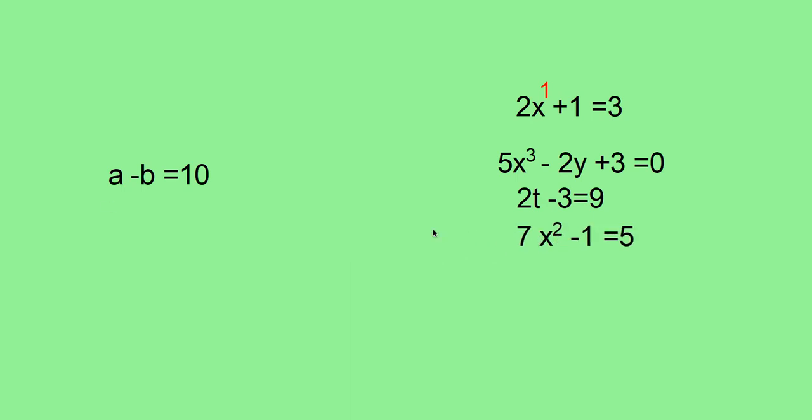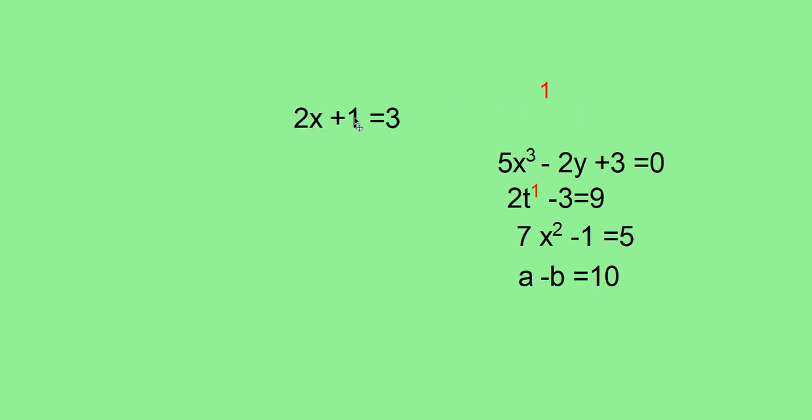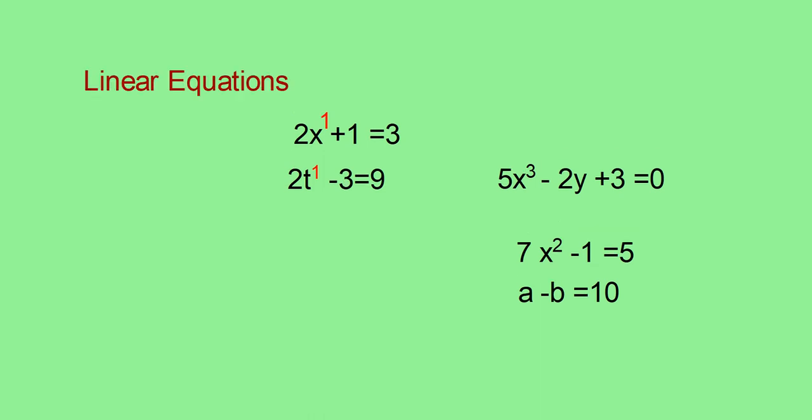Here the highest power is 2. Here two variables are there, but both variables have power 1. Now consider these two equations. In these two equations the highest power of the variable is 1. So if the highest power of the variable is 1, then we call these equations linear equations.